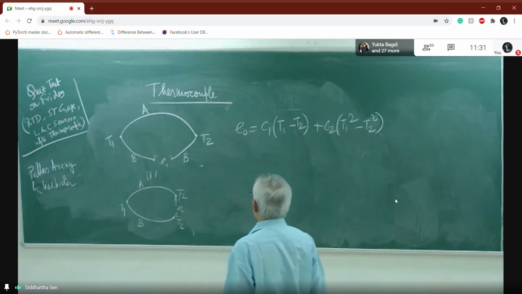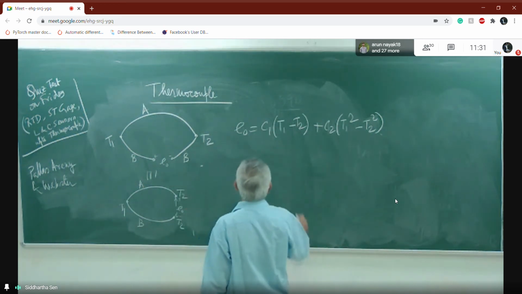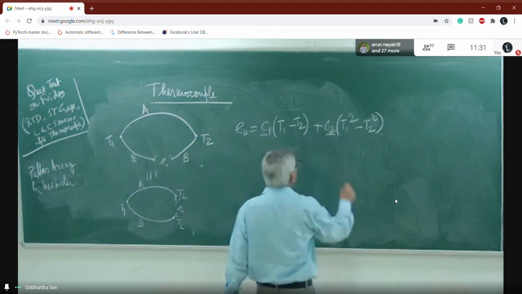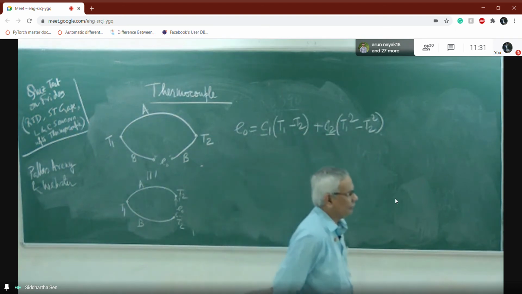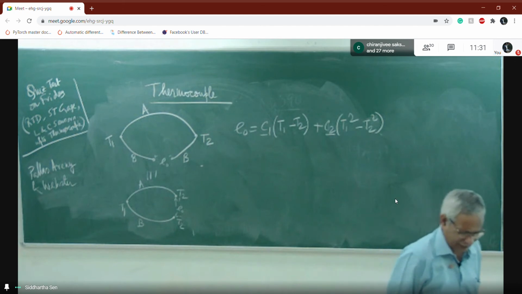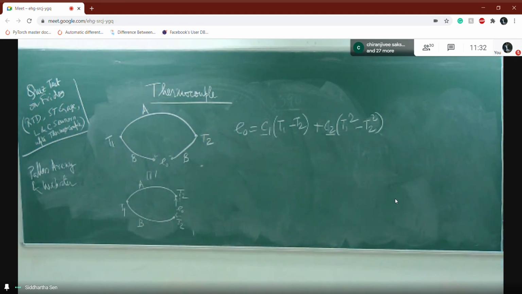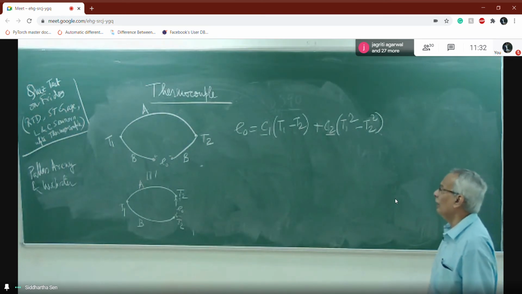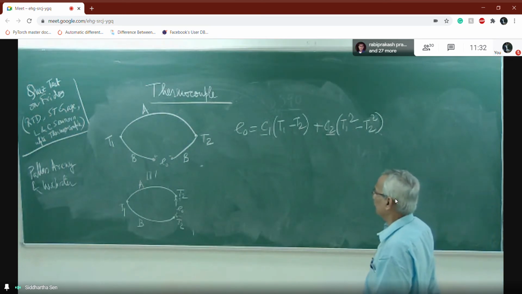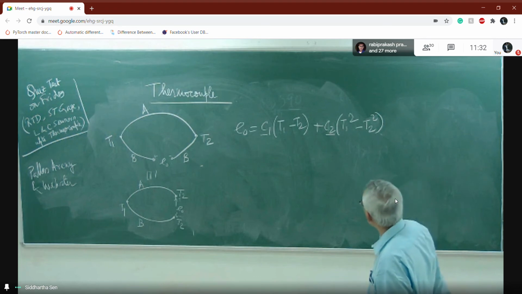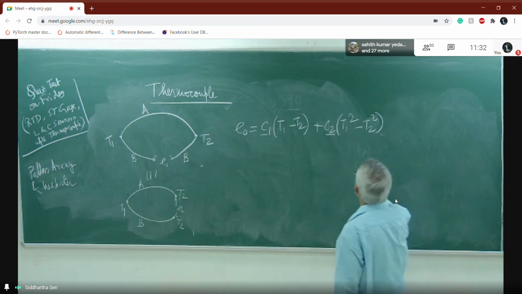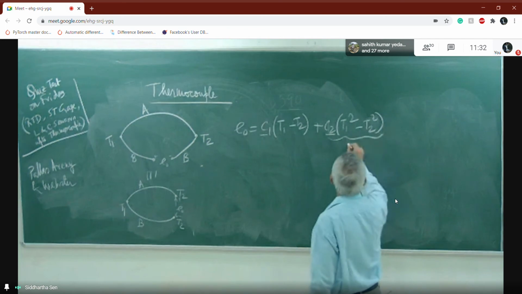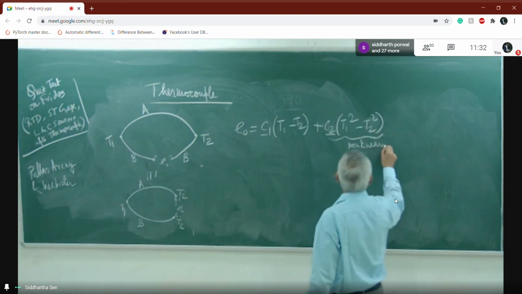So basically, C1 and C2 are constants dependent upon the materials, so the sensitivity depends on what materials A and B you are using, and they should be different. The second point is that this C2 term contributes non-linearity.